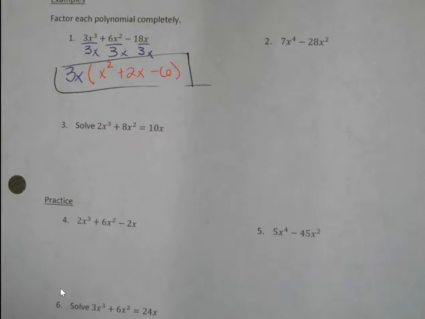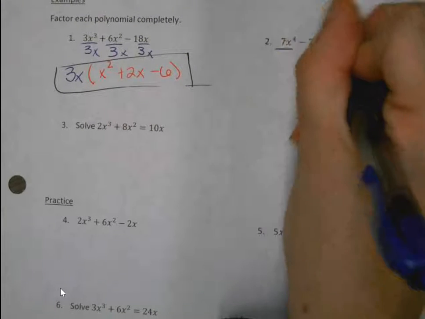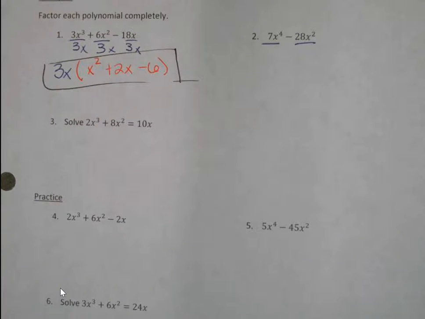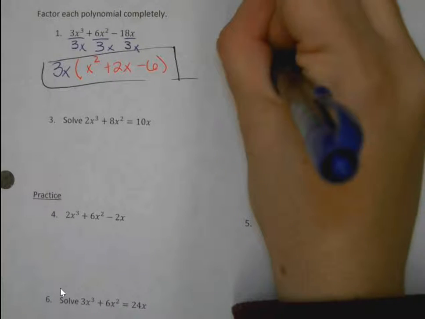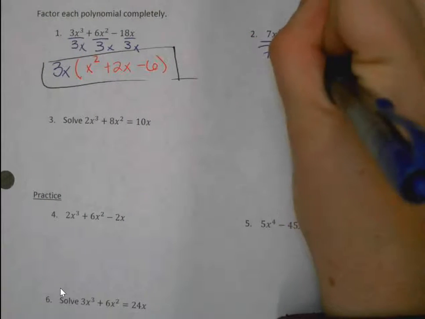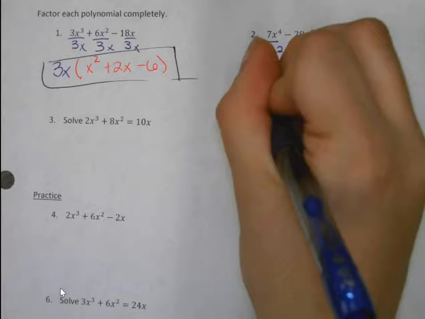What goes into 7 and 28? 7. And then, can I take out any x's? Yeah, x squared. I always go with my lowest exponent. So I'm going to write 7x squared out front.